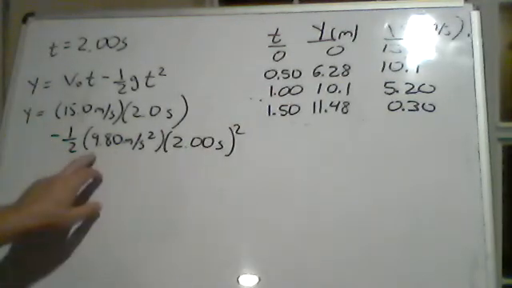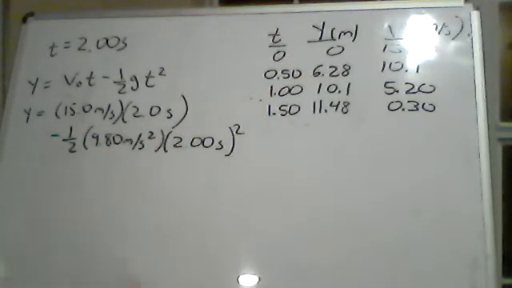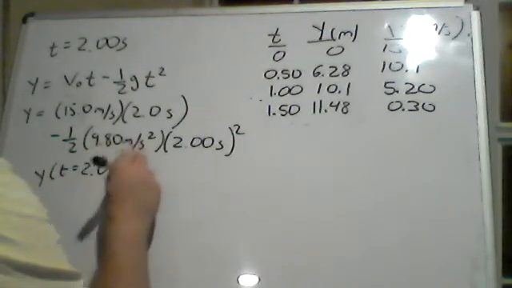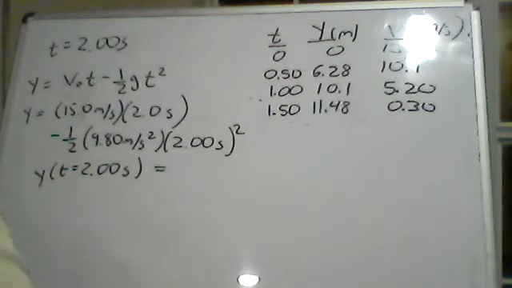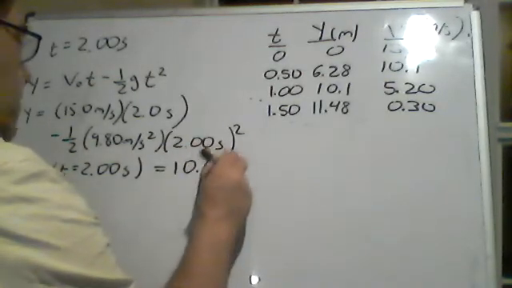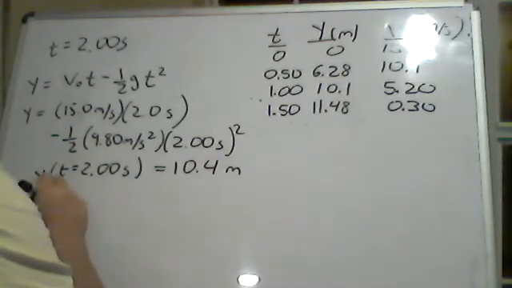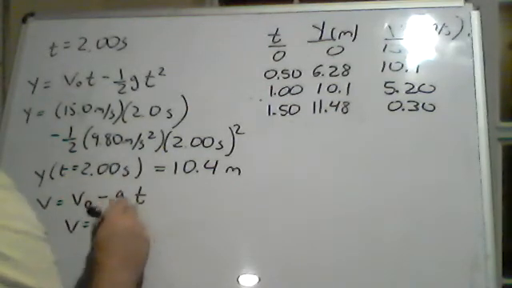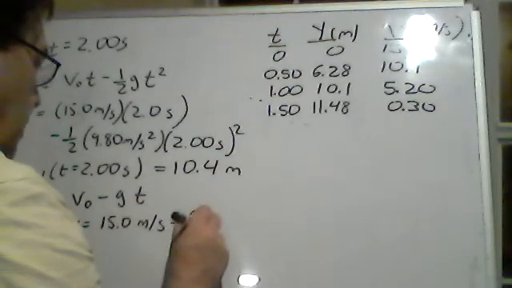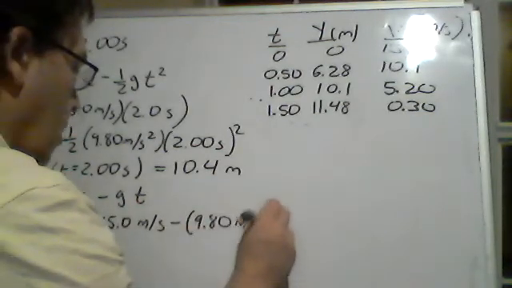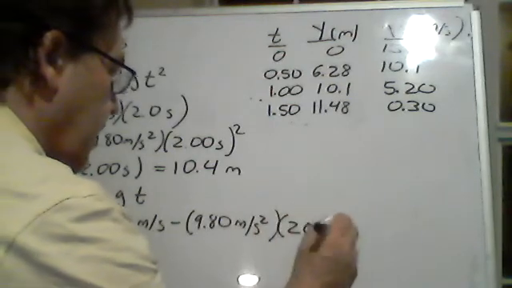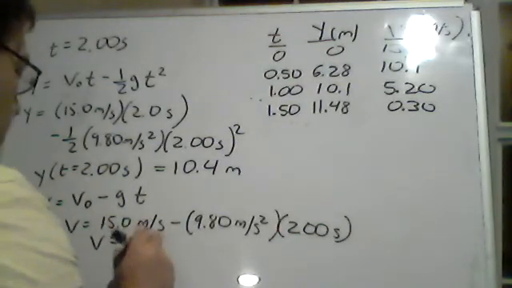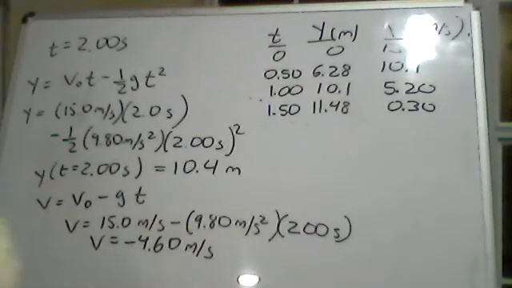That's 4 times 9.8 times negative 0.5. Understand how to do that. y at t equals 2.00 seconds then becomes, it's very interesting, 10.4 meters, and the velocity is v naught minus gt. The velocity v equals 15.0 meters per second minus 9.80 meters per second squared times 2.00 seconds. I find out something very curious about my velocity, that it is negative 4.60 meters per second. Very interesting data point.